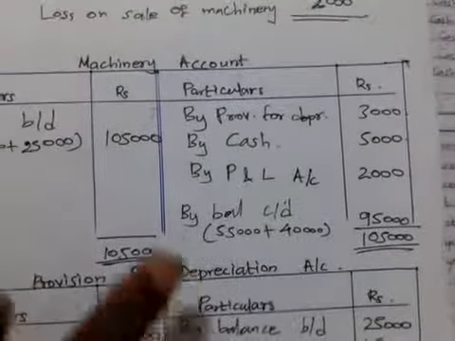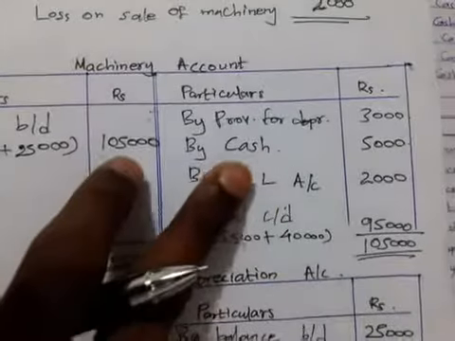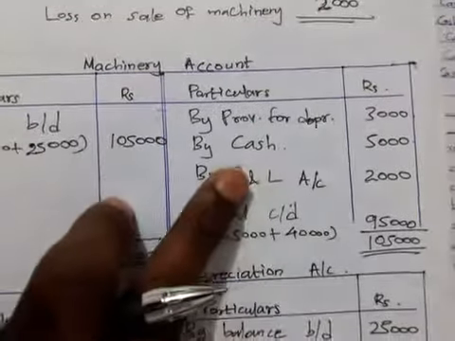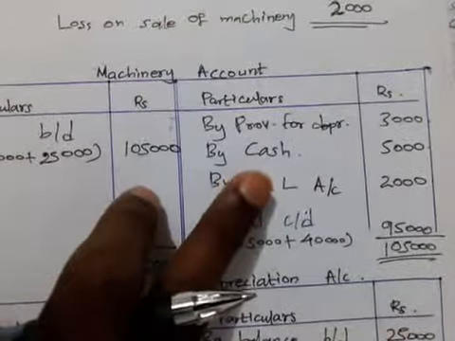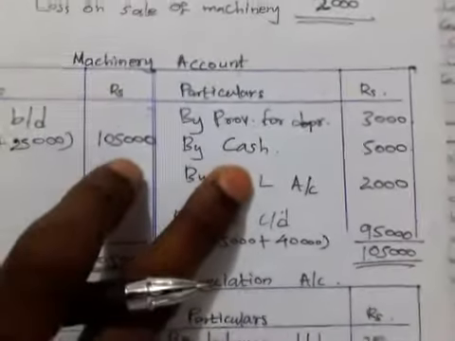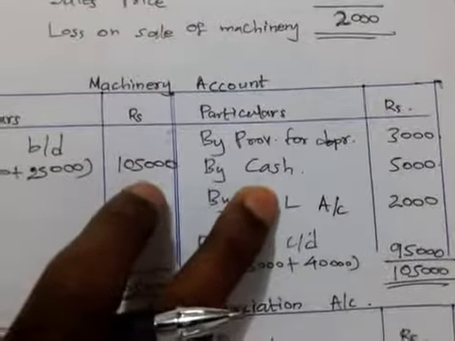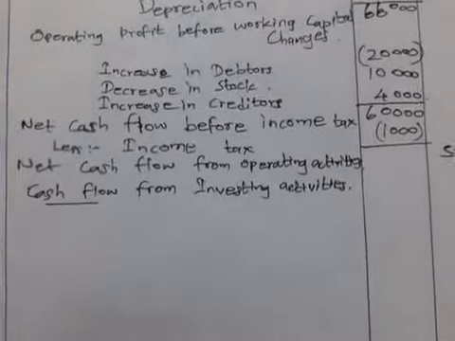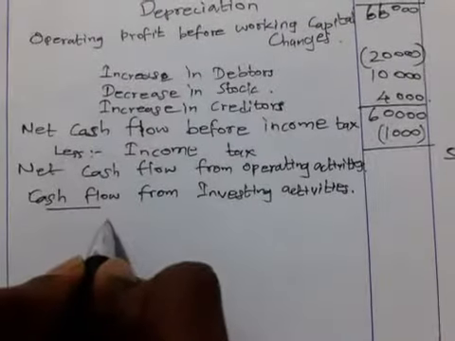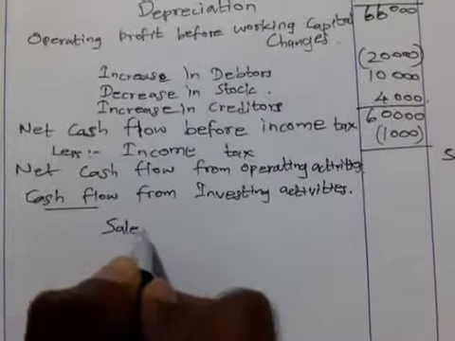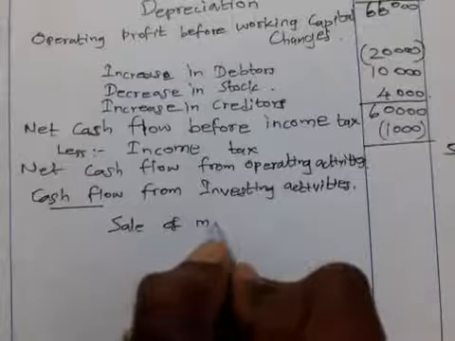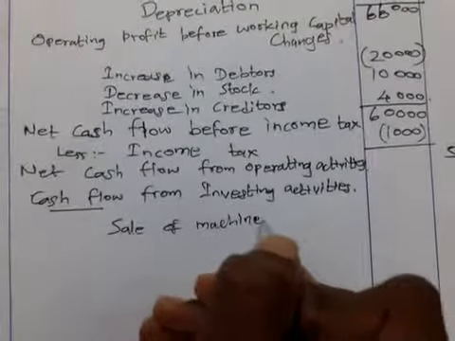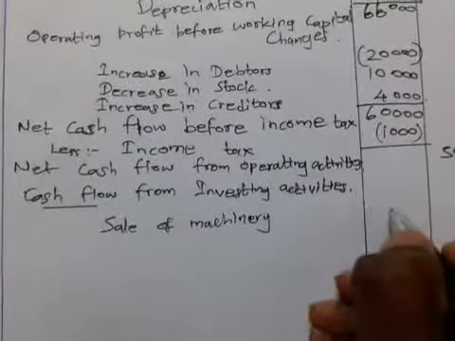There is a machinery account we prepared, so there is cash of 5,000 we received because of sale of machinery. So that's a cash inflow we have to add. Sale of machinery, 5,000.